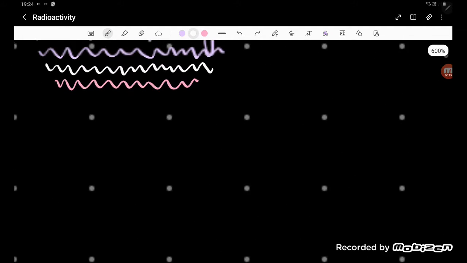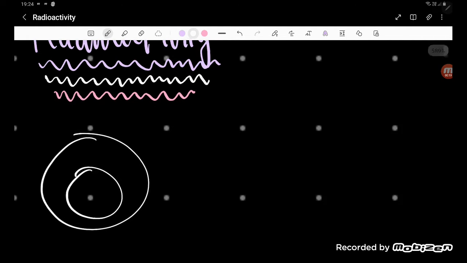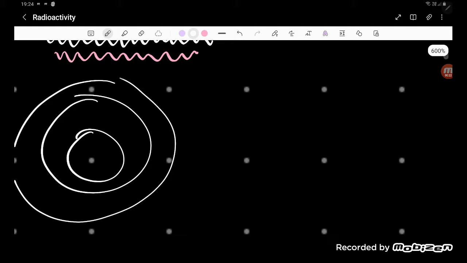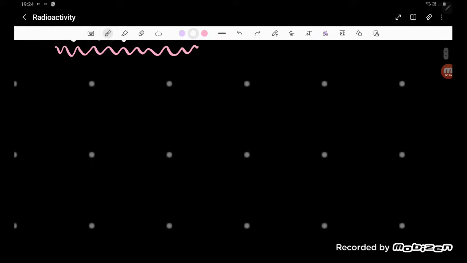Let's discuss the structure of atoms. So let's just imagine this is an atom here. Let me make it clearly here.